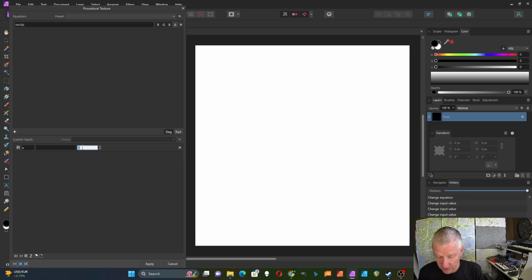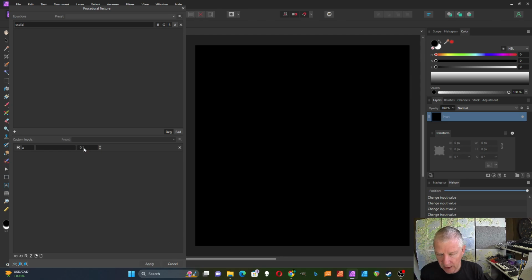So where does it change? If I put in a 0.5, it's still white. At 0.9, it's still white. Or if I go to 0, it's white. But as soon as I go over to minus 0.1, it switches to black.